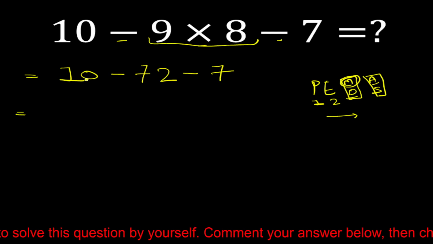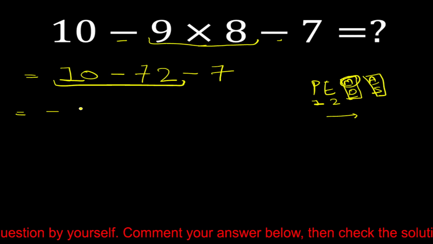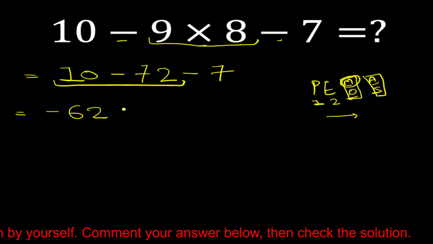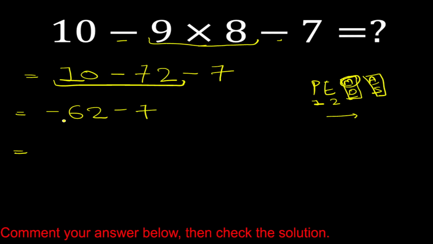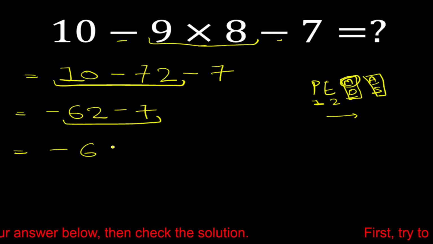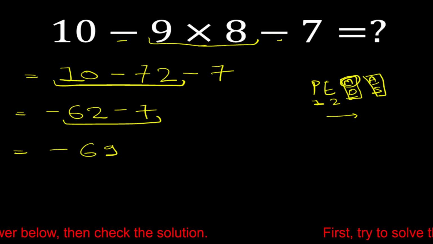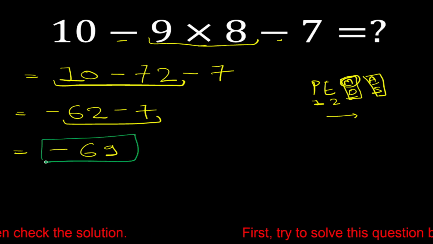So 10 minus 72 is equal to minus 62, minus 7. Now minus 62 minus 7 is equal to minus 69. Therefore the correct answer is minus 69.